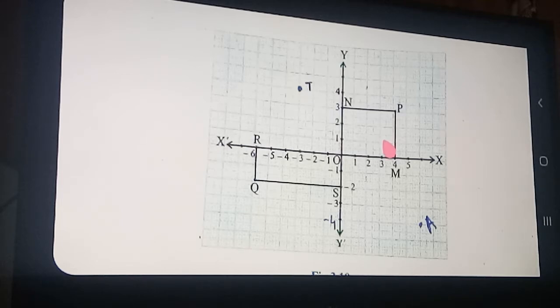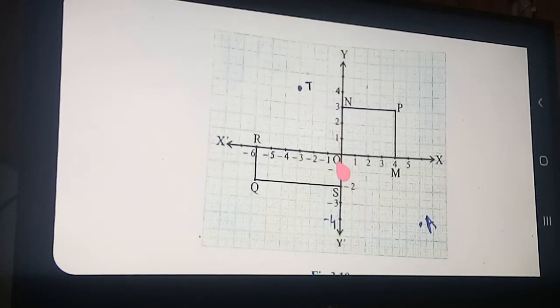Is it clear? And its y coordinate, what is it? See here, we draw a perpendicular from the point to the y-axis, meeting at the point 3. Therefore, its y coordinate is 3. This is 3, no?